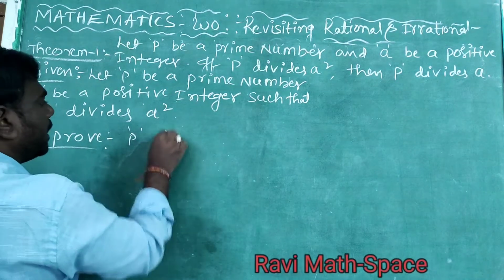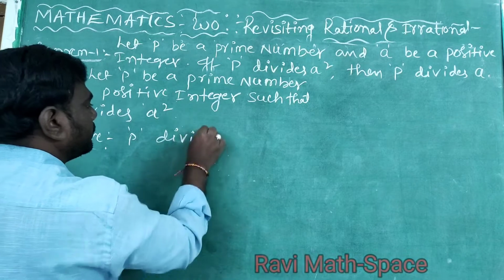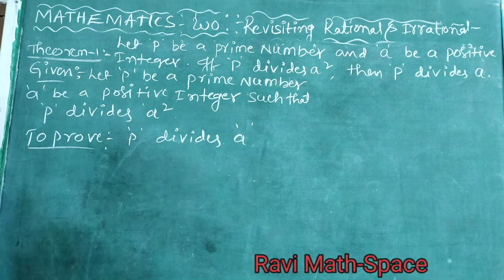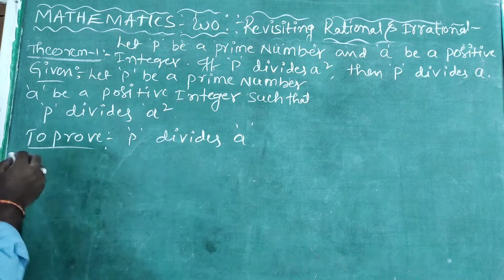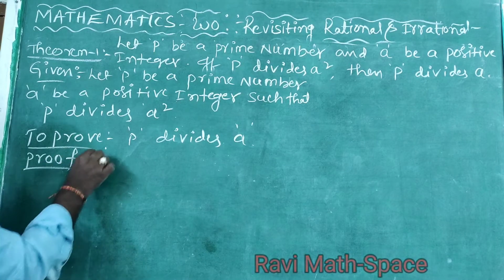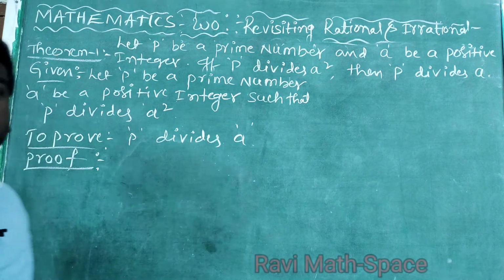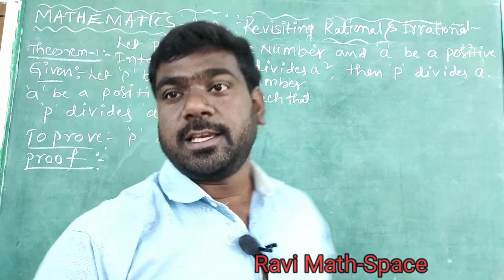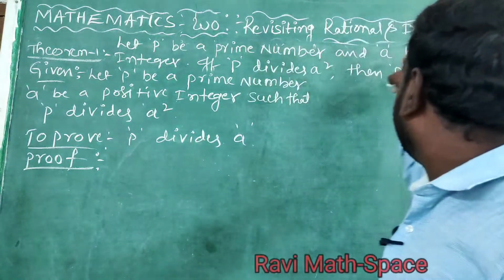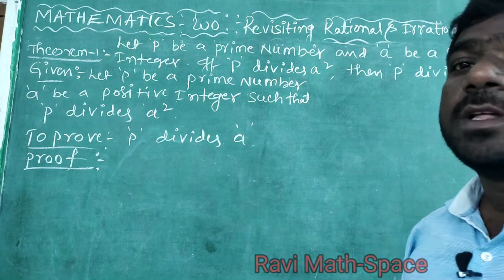So what is to prove here? P divides A. Then the proof. How to prove this one? See here. P is a prime number, A is a positive integer.